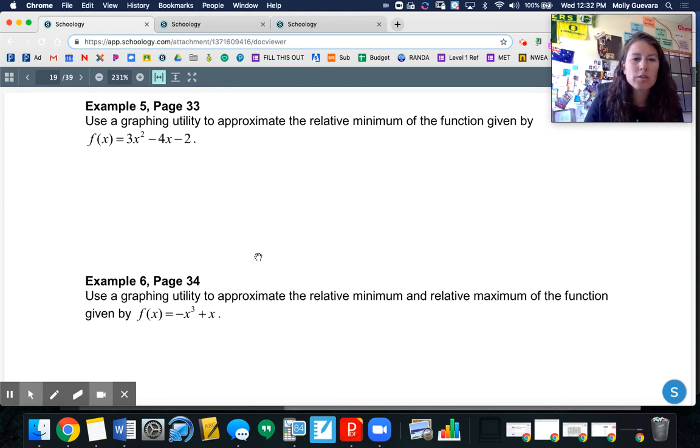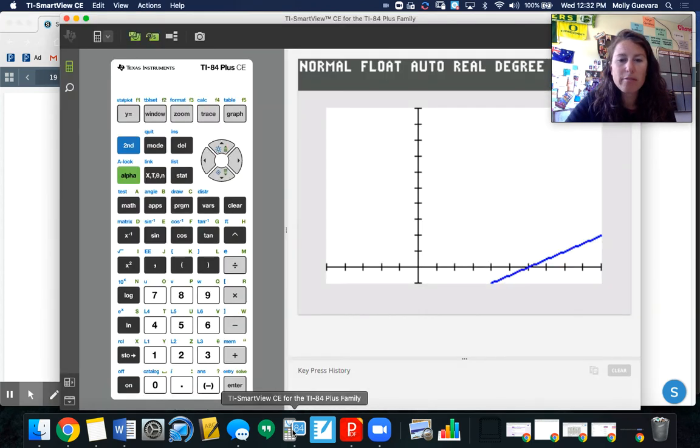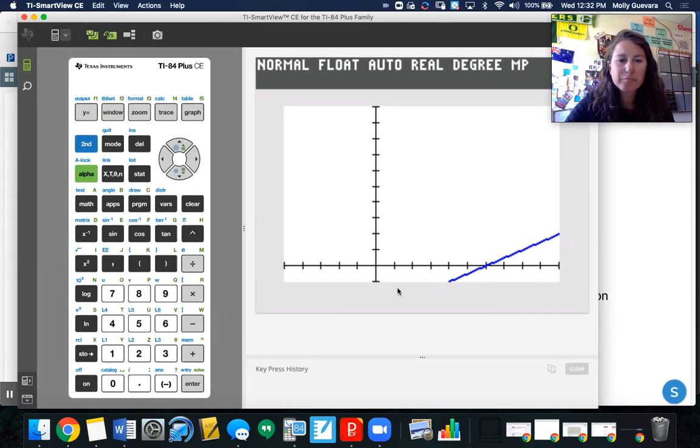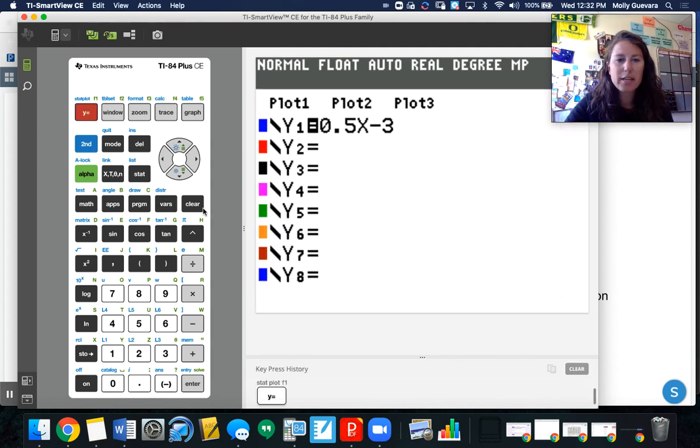So it says use a graphing utility to approximate the relative minimum of the function. So I'm gonna pull up my graphing calculator here. So hopefully we can all see that. And I'm gonna go into my y equals. I need to clear this out. And I'm going to graph this function.